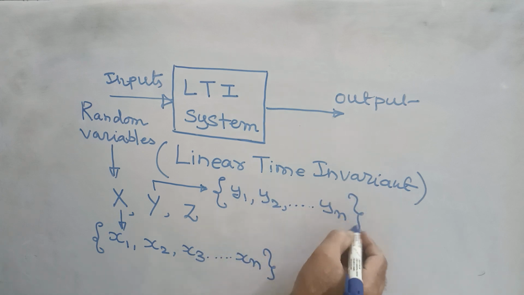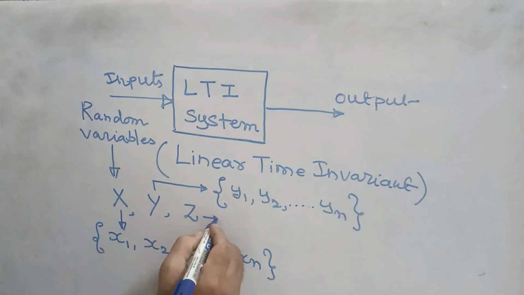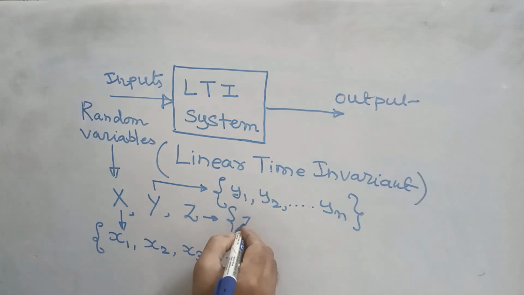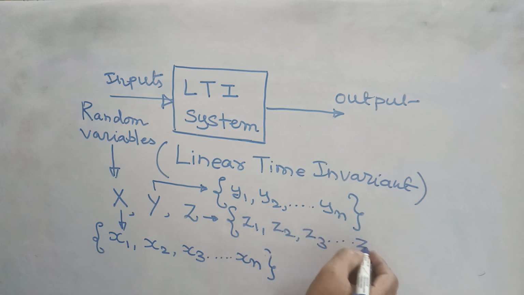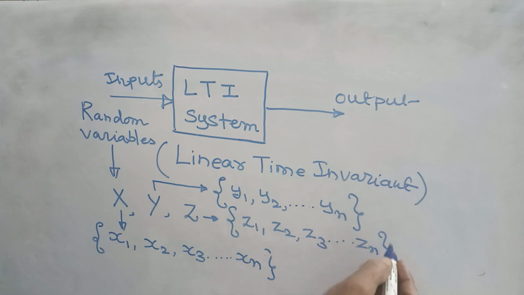Similarly for Z, you write small z1, z2, z3, and so on up to zn. This we have already seen, right?